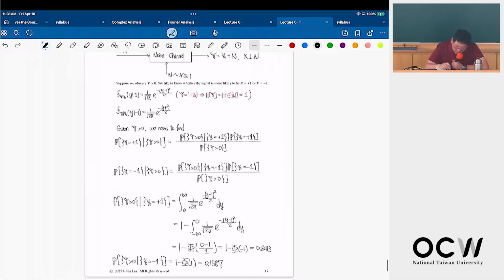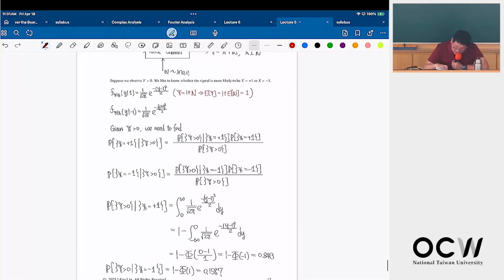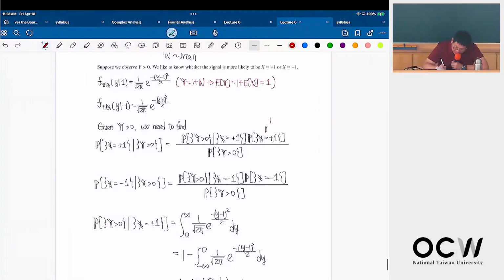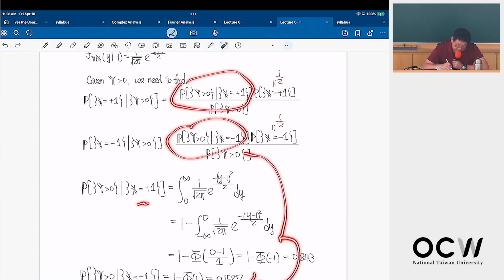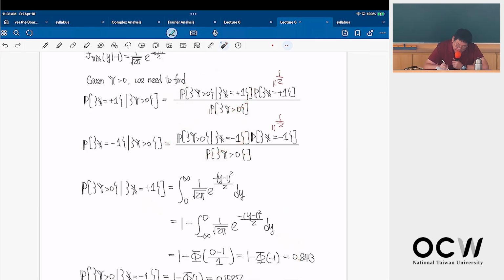We know this is 1/2 and this is 1/2. So actually we just compare this term, okay? And we know that x is 1 is more likely because the denominator is the same, okay?